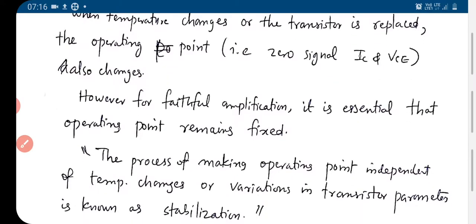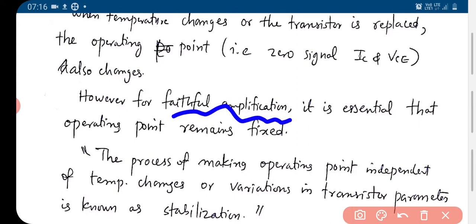But for faithful amplification, it is essential that the operating point remains fixed, even when the temperature changes or when the transistor changes.